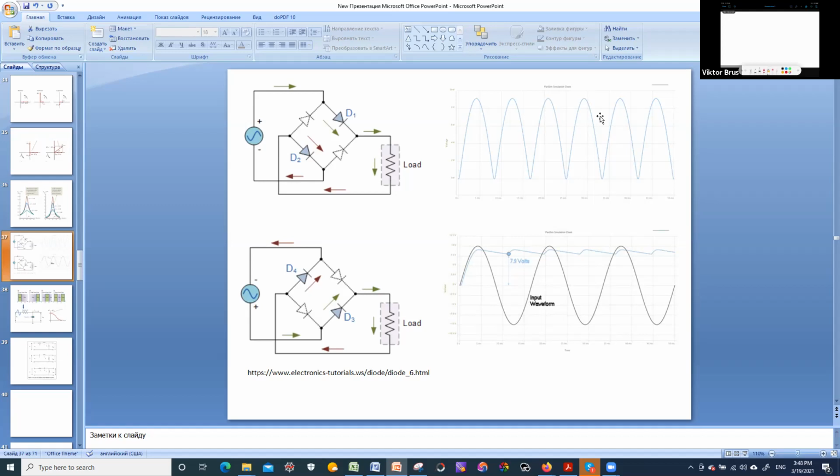We want to get rid of them, and the option to make it smoother is to connect a capacitor in parallel to the load resistor. So when voltage here increases, we will charge the capacitor. When voltage decreases to 0, this capacitor will be discharging, and that will keep up the current in the circuit.